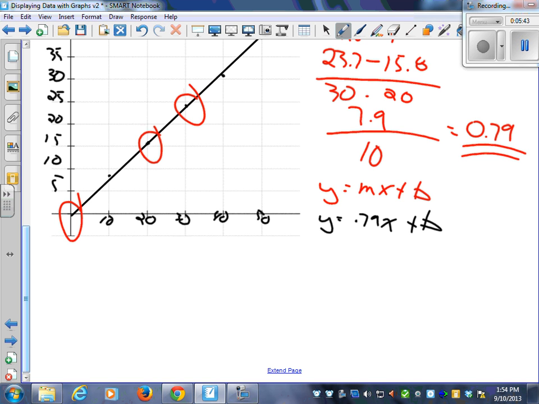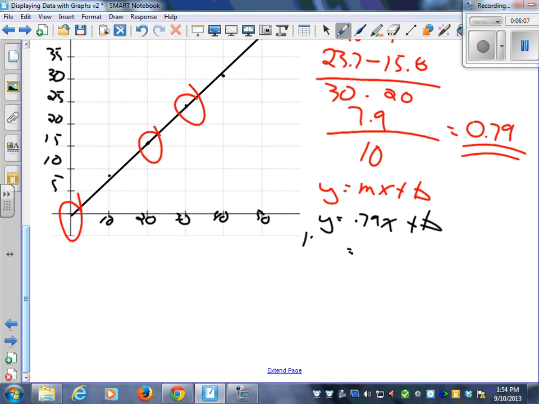I still got to get my b. Now, can y and x be equal to something? Yes, they can. Let's pick a number. I like this one because it's right on the line. The x is 20, and y for the 20 was, what's that number? I have to scroll up. 15.8? Okay, so the corresponding y here is 15.8.